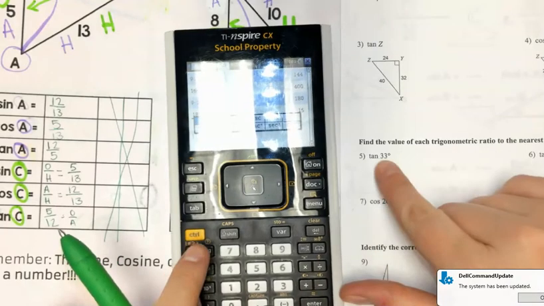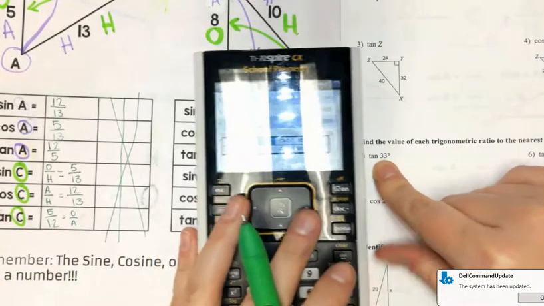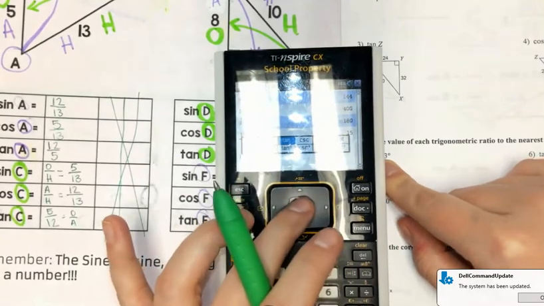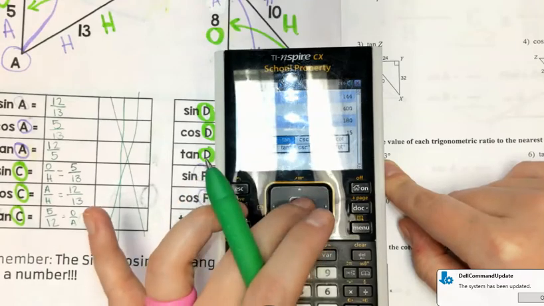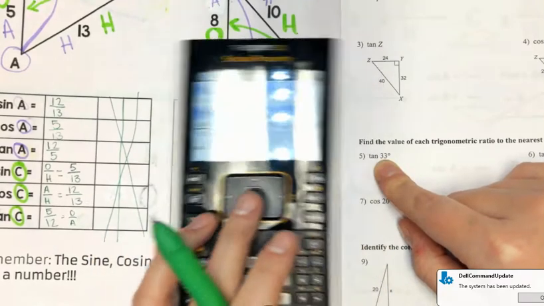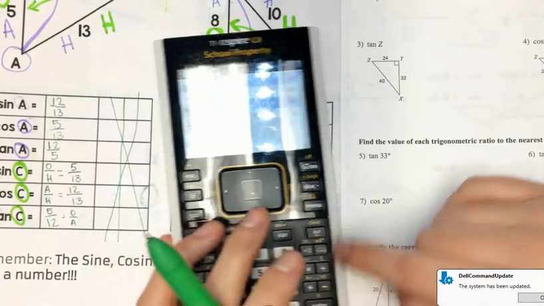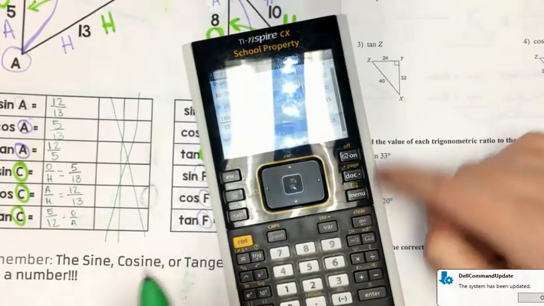So you type in trig, and then you find tangent, T-A-N, not the T-A-N -1, not the tangent inverse, just the T-A-N, and then 33. So you type in tangent of 33 in your calculator.